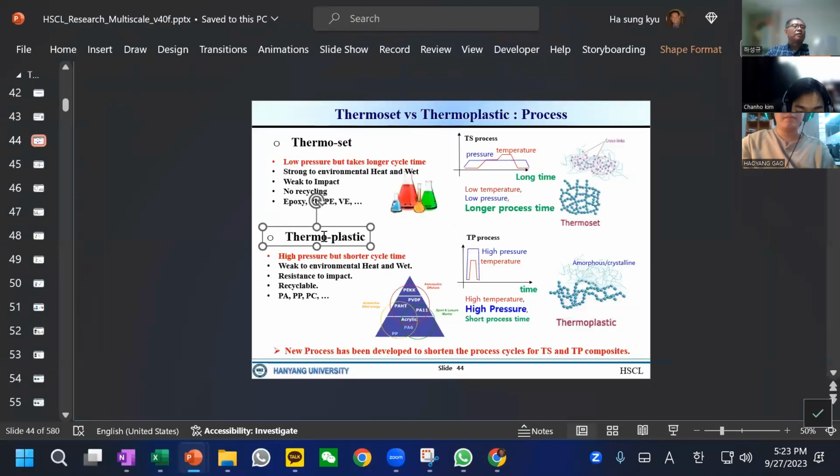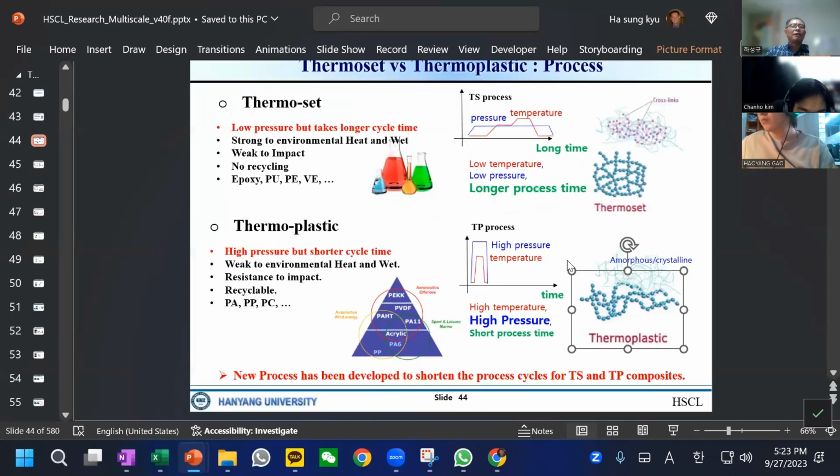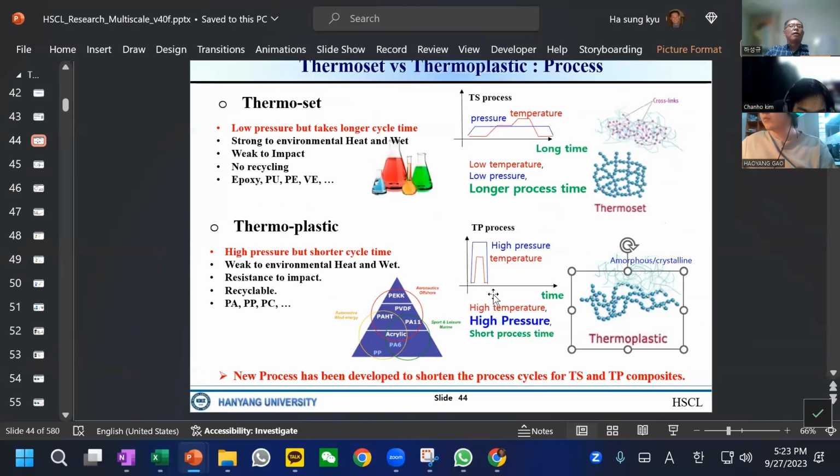Thermoplastic means each individual polymer chain, or crystalline or certain structures, entangle, not by chemical bonding, but entangle like spaghetti. They are not bonded together, but the long chains are entangled, and entanglement makes it very strong.